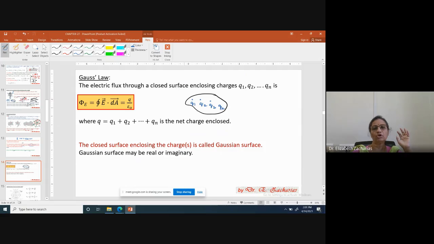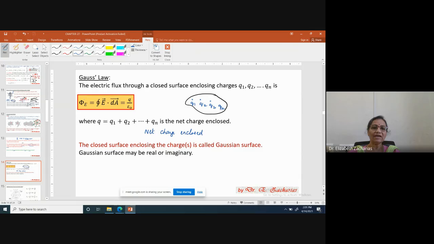What is this Q? Q is the net charge enclosed. Q is equal to Q1 plus Q2, and you go on till you reach Qn, of course adding with the sign taken into account. That's why we kept using the words net charge enclosed. There is a relationship between flux and the net charge enclosed.